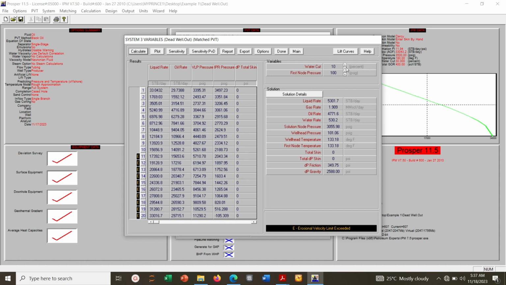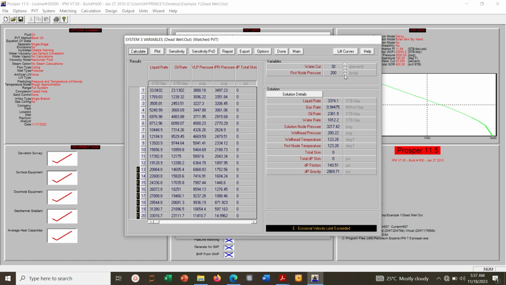So if we increase the water cut to 80% and then increase the wellhead to 200 psi, the well is still flowing. From the solution details, we have about 3,300 stock tank barrel of liquids and 2,300 of oil per day.